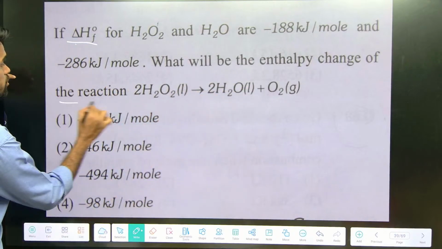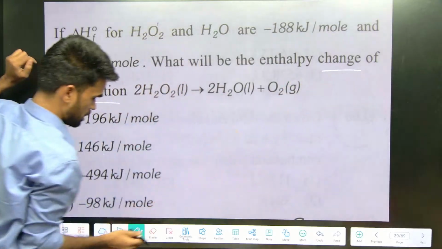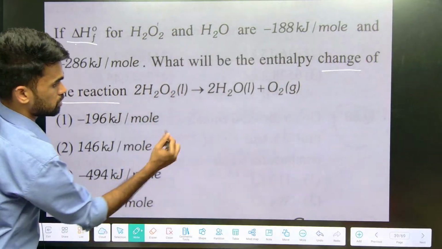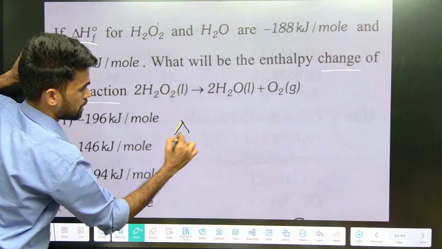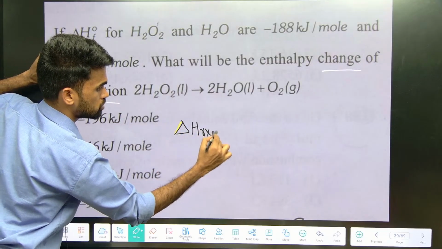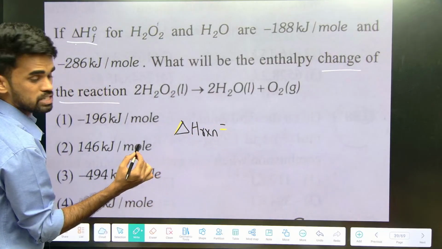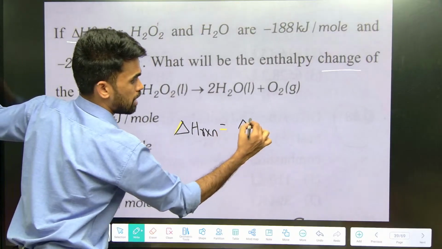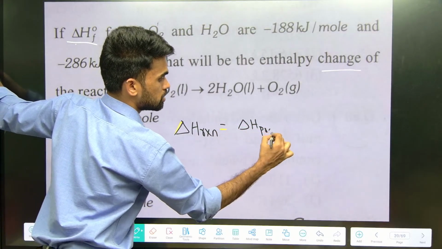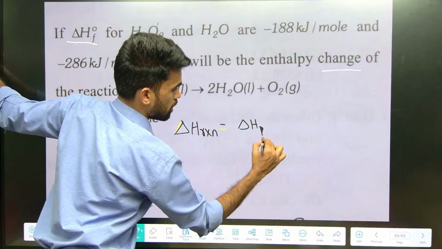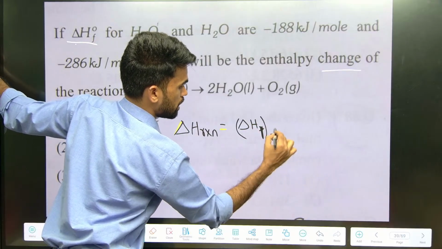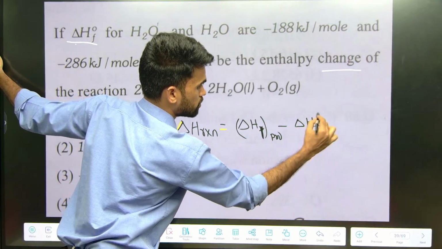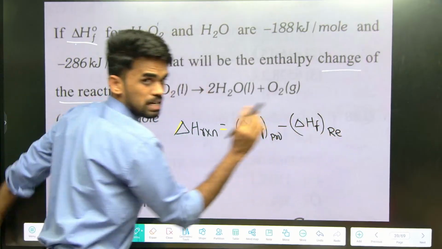They are asking for enthalpy of reaction, so what will you write here? Enthalpy of reaction equals enthalpy of formation of products minus enthalpy of formation of reactants. Everyone clear up to here?